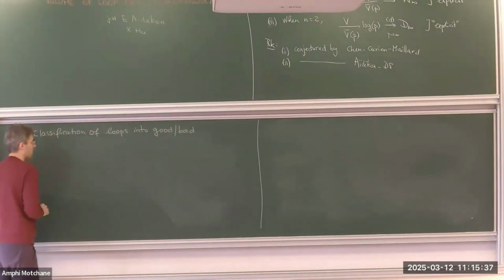So what you can do is choose a vertex at random in your planar map uniformly, and see what the cascade of loops looks like seen from that vertex.